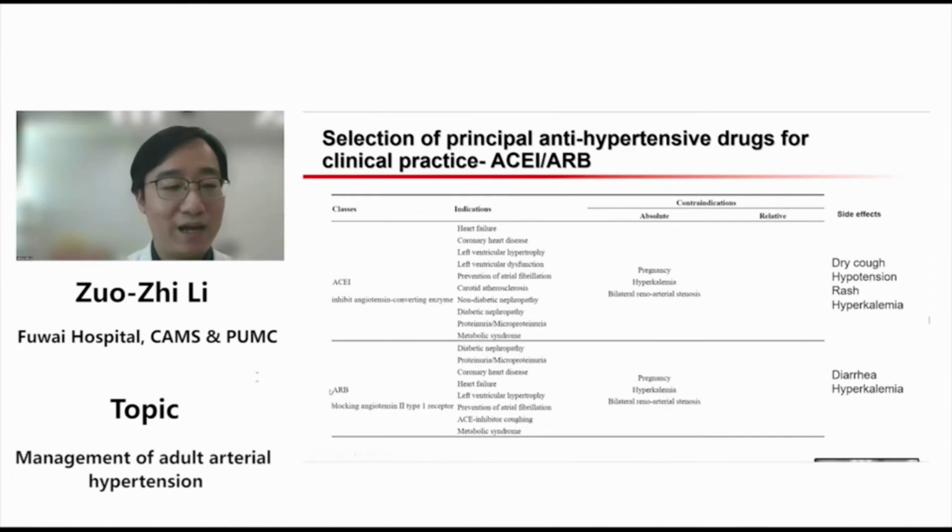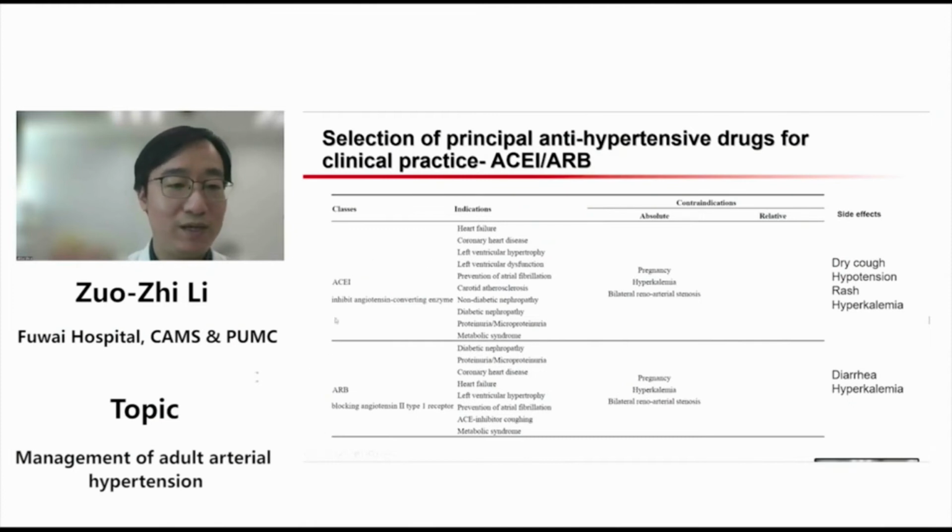ACEI and ARB are another important group of antihypertensive medication. ACEI inhibit angiotensin converting enzyme and ARB blocks the angiotensin 2 type 1 receptor so as to inhibit the RAS system.